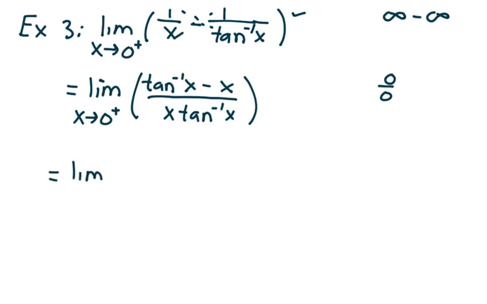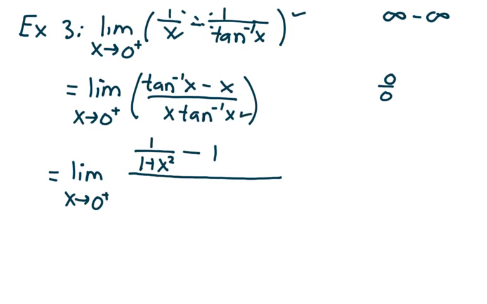So I'm going to take the limit as x goes to 0 from the right of, now the numerator, the derivative of that is 1 over 1 plus x squared, so that's the derivative of arctangent of x, okay? And then I'm going to subtract 1. And I'm going to divide by the derivative of the denominator. But to do that, I got to apply the product rule. So the derivative of x is 1.